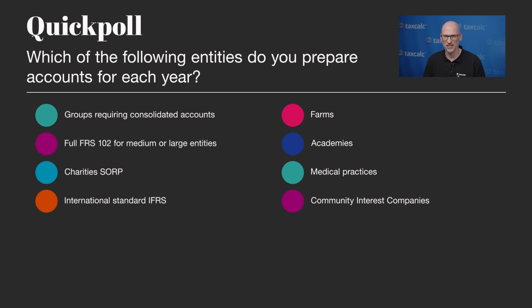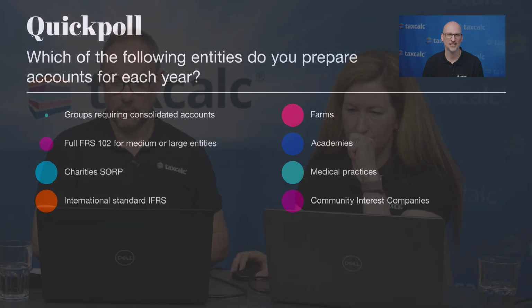Then we've got a list of various different formats that we don't currently have: charities, IFRS, farms, academies, medical practices, community interest companies. Do vote for whichever ones you have in your practice so we can get an indication of which you are most likely to need.